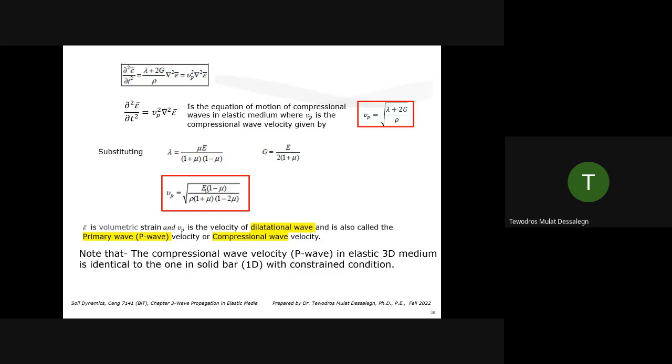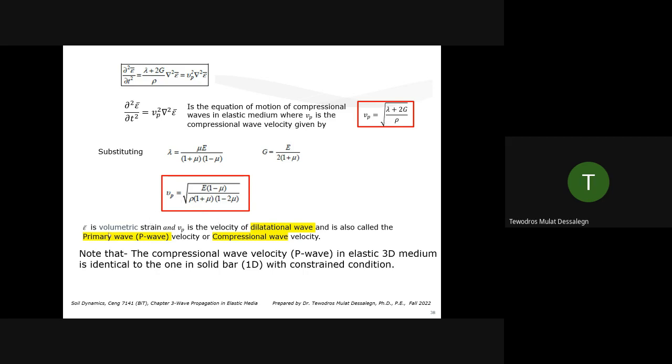So VP is just elastic modulus by density. Now, in the case of 3D, we considered infinite space, which means constraint. We are deep inside the Earth. There is a stress on the element in all directions. So now, instead of a free bar, we are using a constraint modulus. So VP also has this form, and finally reduces to this final form.